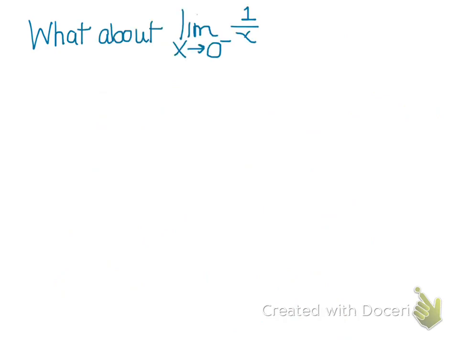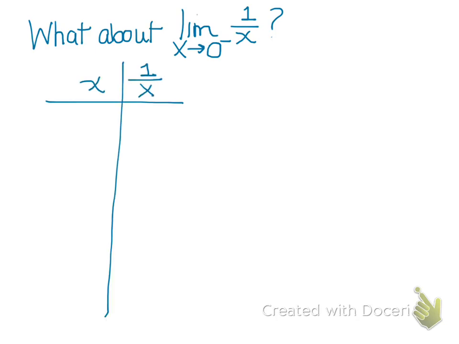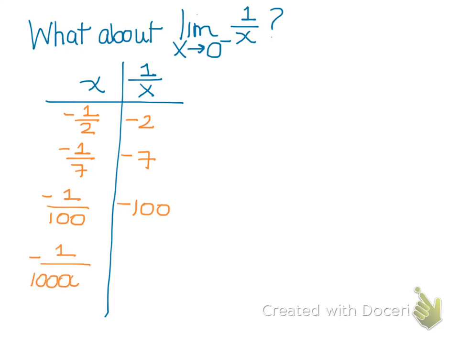What about if we wanted to approach 0 from below? We could draw the same chart that we did before and plug in values of x that are getting closer and closer to 0 from below. So values such as -1 over 1,000,000. When I plug that into the function 1 over x, I end up with -1,000,000.